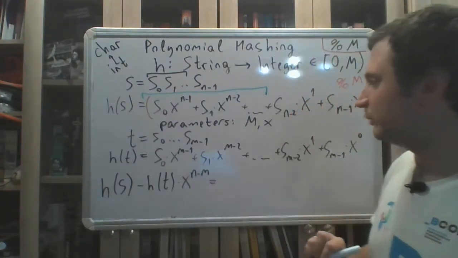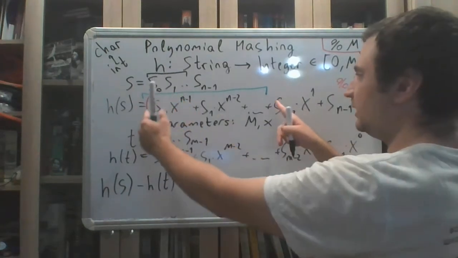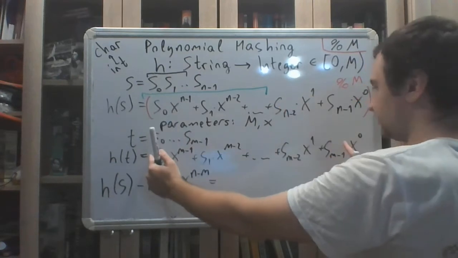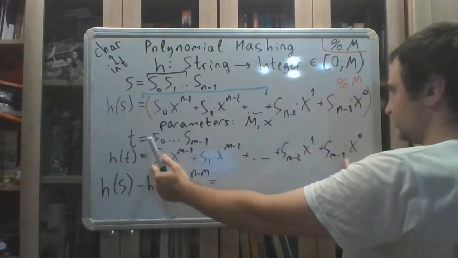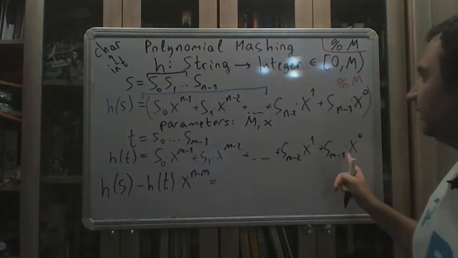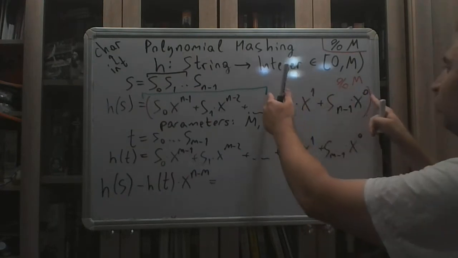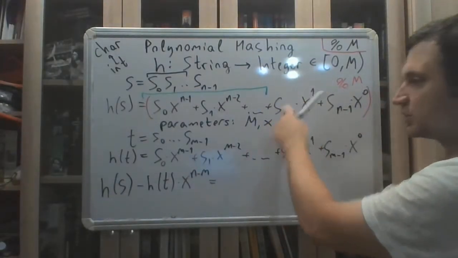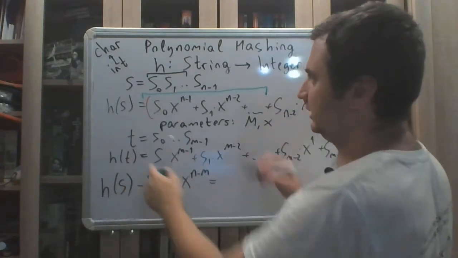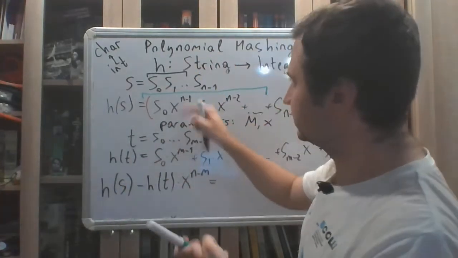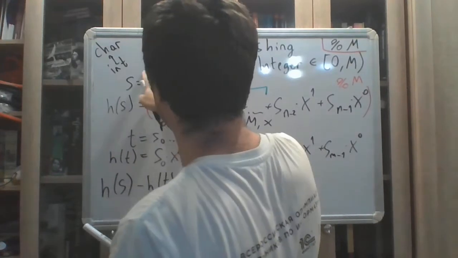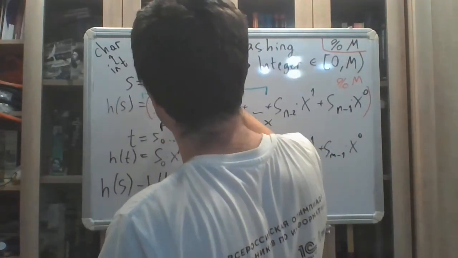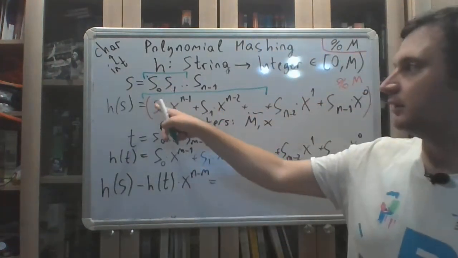And what do we have left? We removed all the terms over here that correspond to these letters, and we are only left with the terms that correspond to the letters that weren't present in t. So all these letters, let me do it in green, all these letters are subtracted.